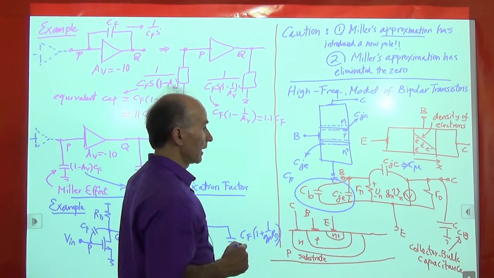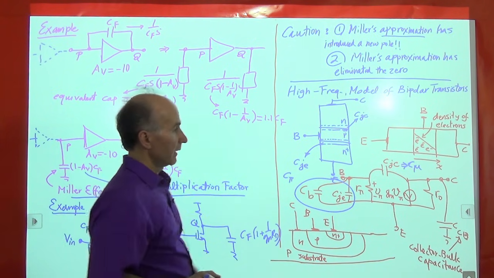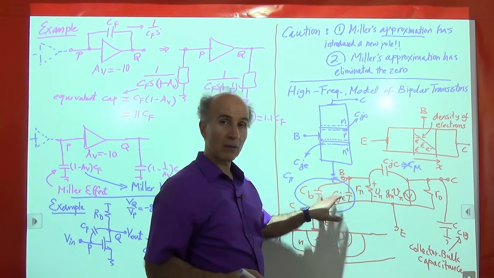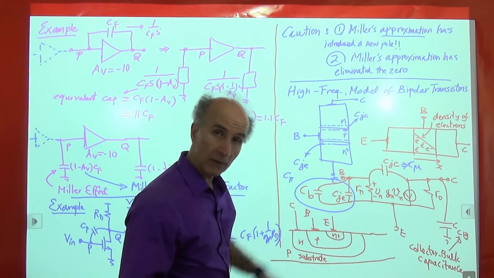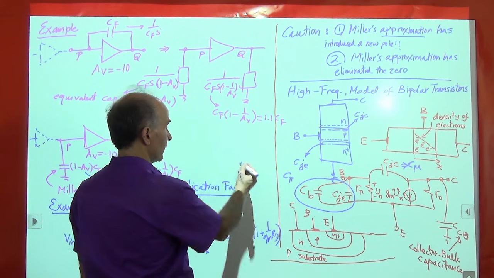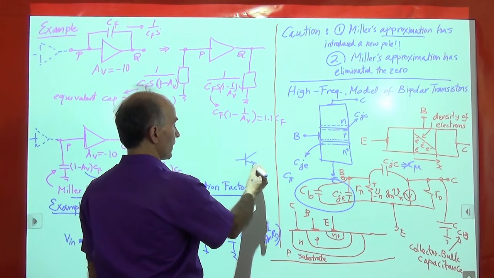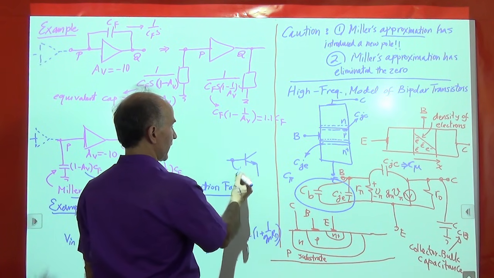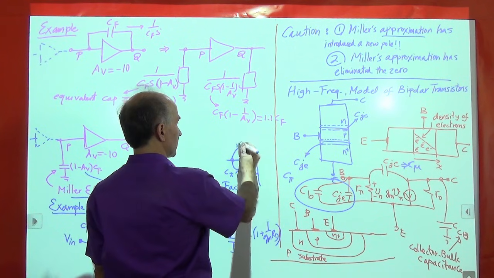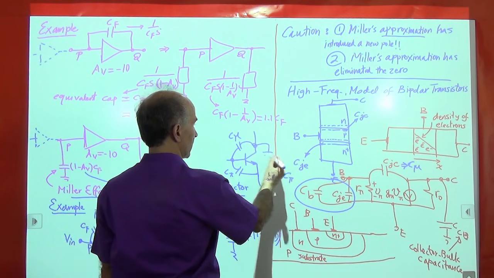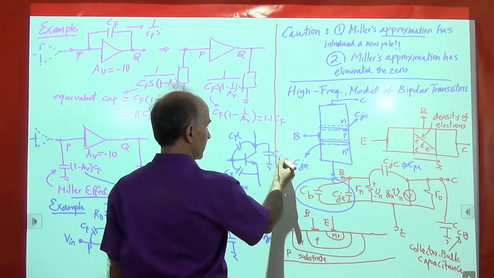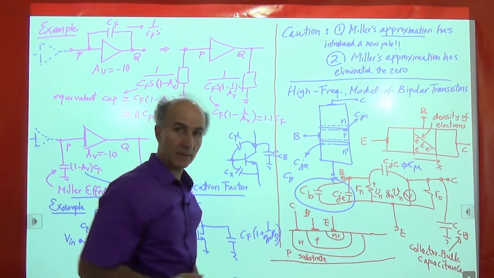Sometimes I even draw these capacitances around the bipolar transistor symbol rather than draw out the whole small signal model. I say, here's my transistor, I have a cap here I call C pi, a cap here I call C mu, and a cap to ground I call CCB or CCS, and so on.